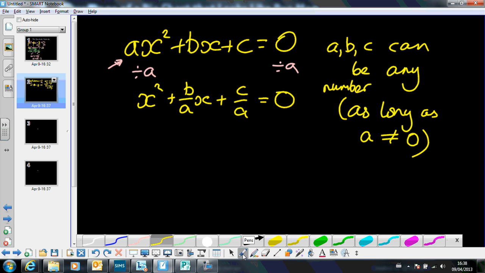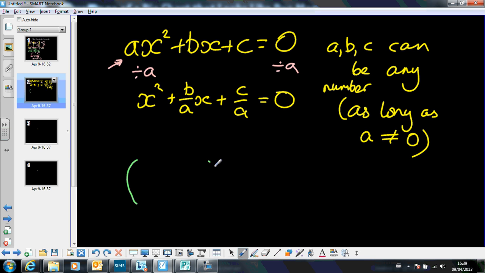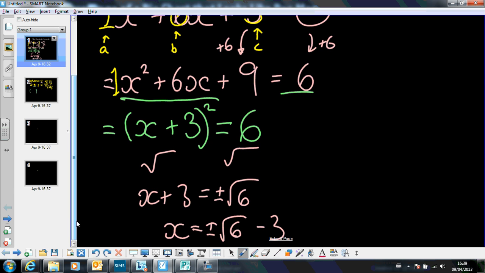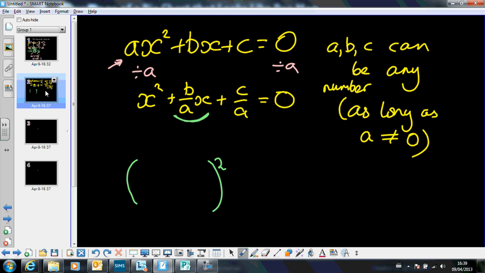I'm going to need to have some kind of thing in a square bracket that when I multiply it out gives me b over a times x. You'll remember from our numerical examples that it's always half. So here it was 6x, and that became 3. So what's half of b over a?